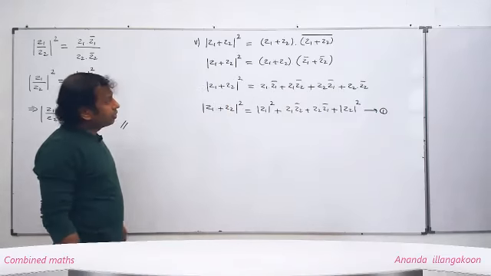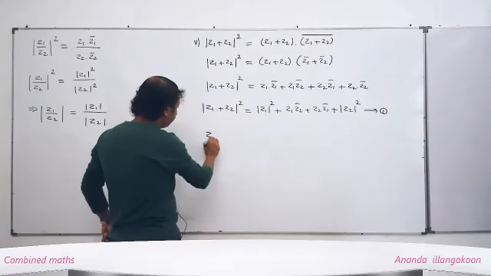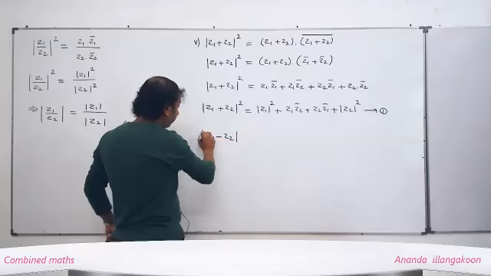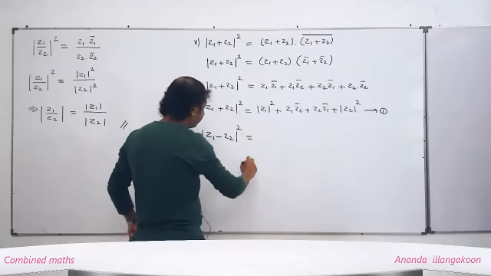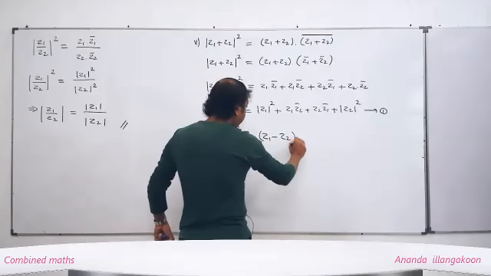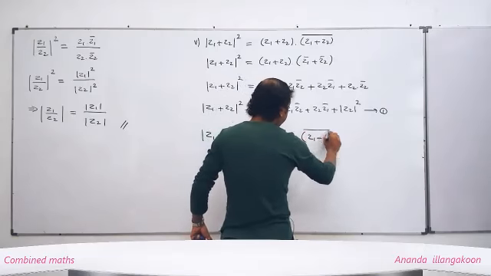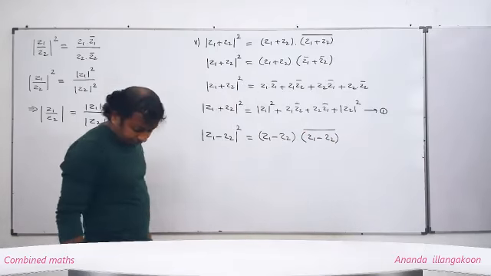Right. Similarly, take modulus of z1 minus z2, squared. This is really z1 minus z2 times the conjugate of z1 minus z2.